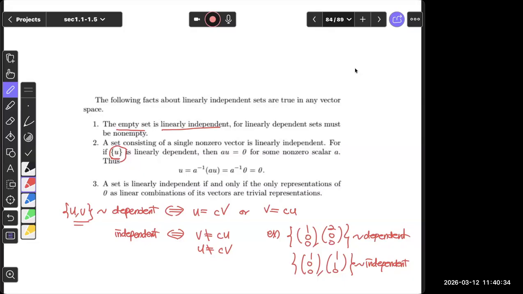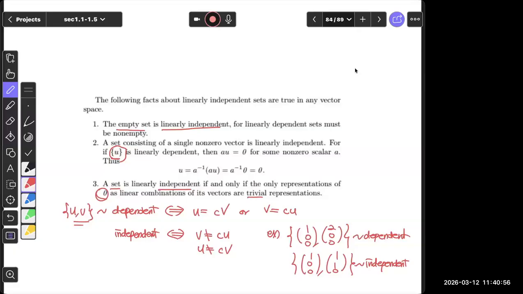I can extend this to a set of many vectors. A set is linearly independent if and only if the zero vector can be produced as a linear combination of the given vectors with only zero coefficients.